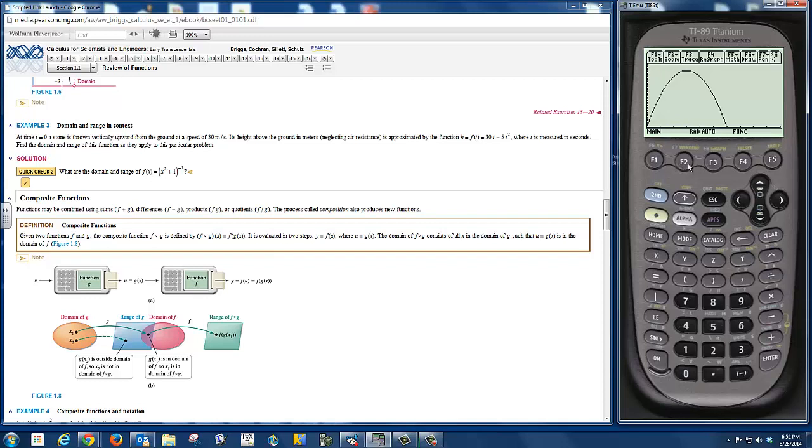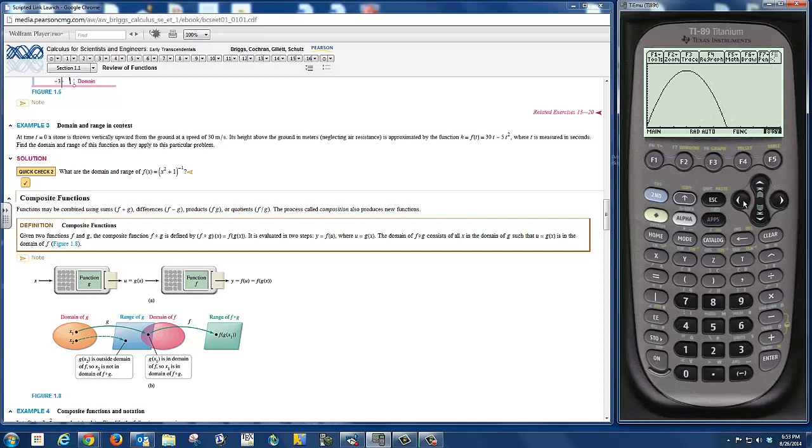Well, there are some things we could do. Let's go to the math menu, F5. So we can notice the option number 4 for maximum. Let's look at that. So when you're trying to find a maximum, it will try to pinpoint it for you. So it's asking you for a lower bound.